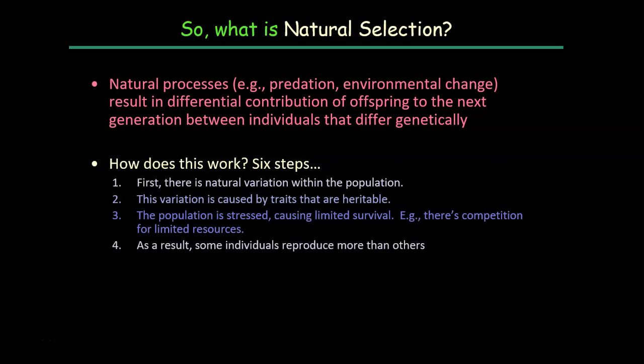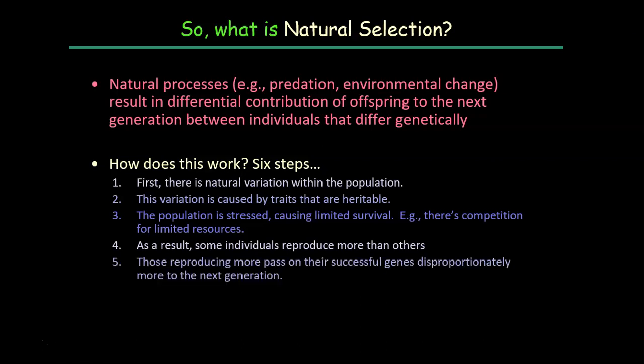Number 4, as a result of all of this, some individuals are going to reproduce more than others. They're going to be better at surviving. They're going to be better at maybe finding food or attracting mates or building nests or what have you, or surviving in a hotter, drier environment. Who knows what? But for whatever reason, some individuals are going to survive and reproduce more than others.